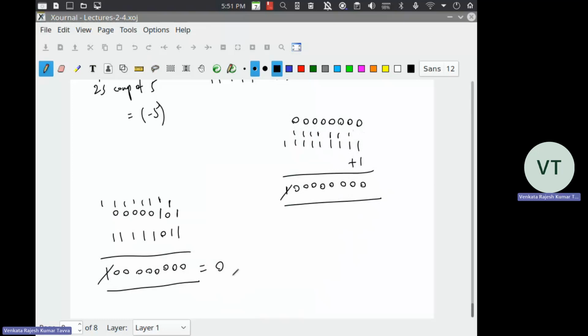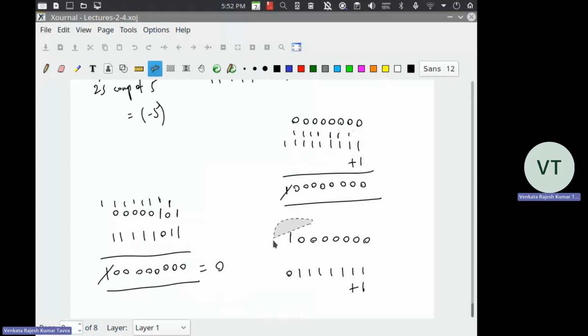Second thing, then what about the minus 0 representation? That is also possible, no? 1 followed by 7 zeros. What about its 2's complement? First, let's take the 1's complement: 0 followed by 7 ones, plus 1.